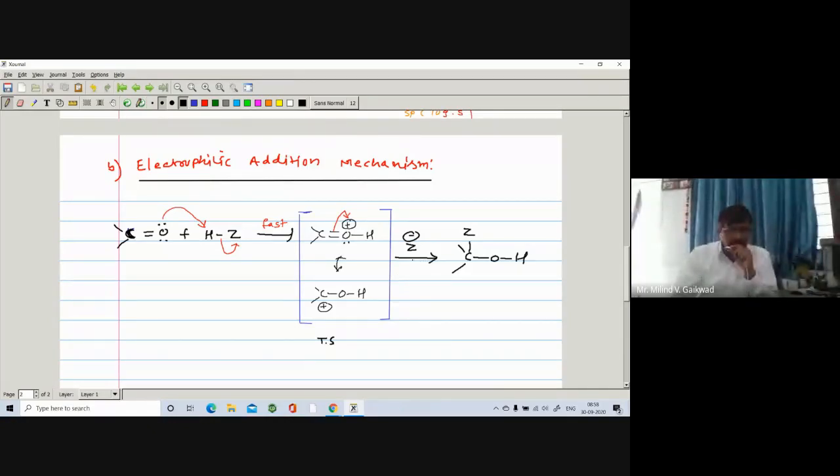So you also have the product, right? So starting from the carbonyl compound, you have the corresponding product. But in this case, the electrophile attacks first. That's why it is an electrophilic addition reaction.